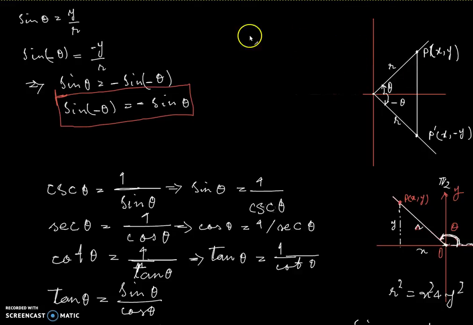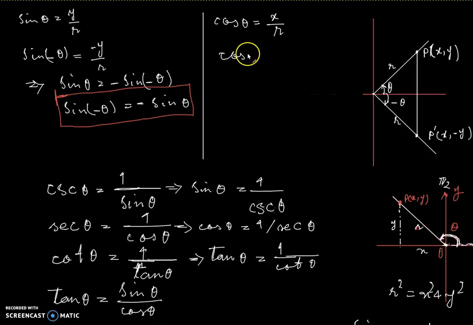So now let's see what is cos theta. Cos theta is equal to x divided by r.